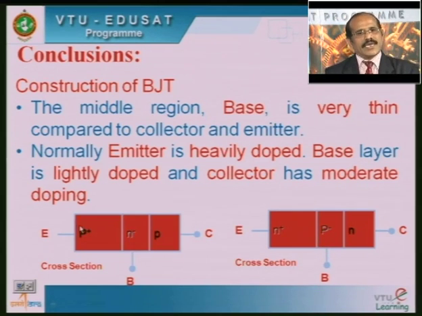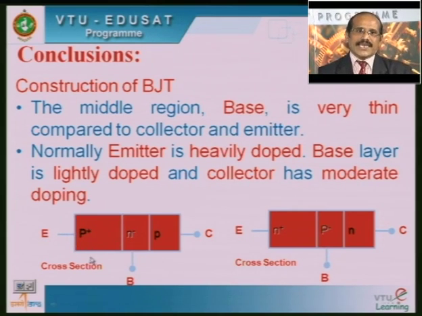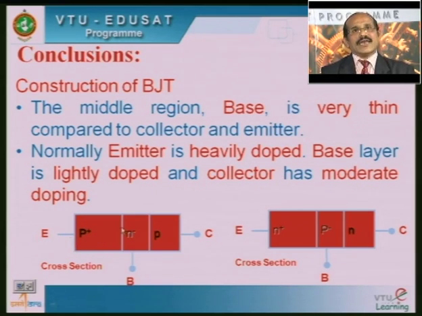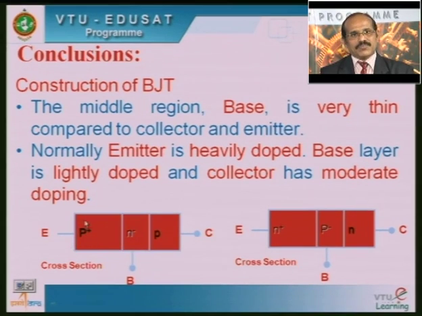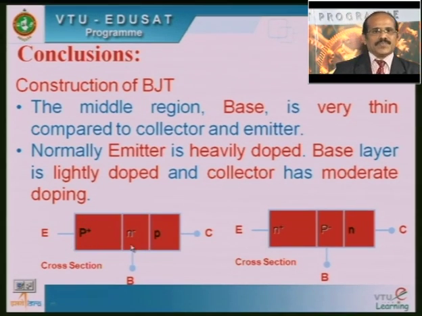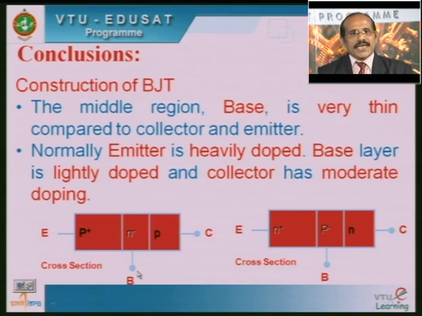Apart from this width, one more thing you are supposed to know: the P plus layer is heavily doped, since plus indicates heavy doping. Therefore the emitter layer is usually heavily doped, whereas the N minus layer, which forms the base, is lightly doped.